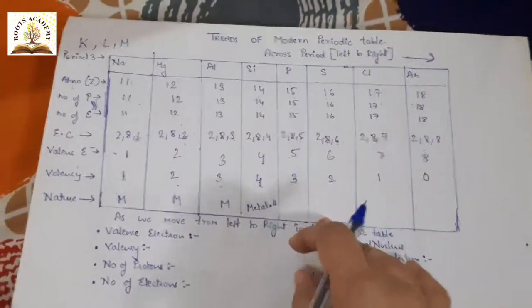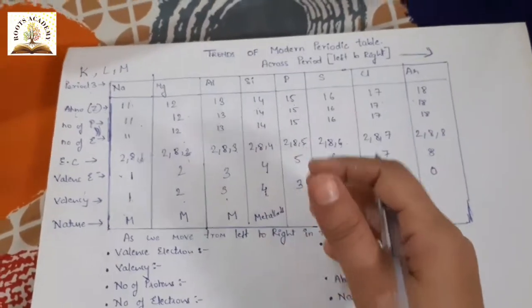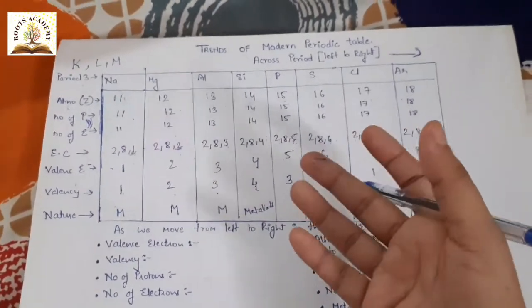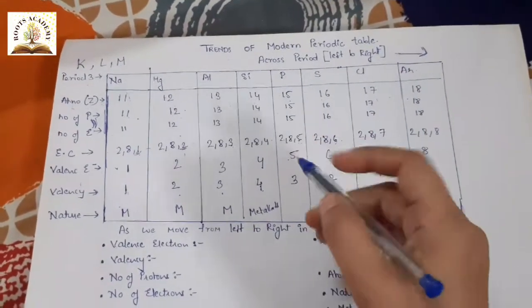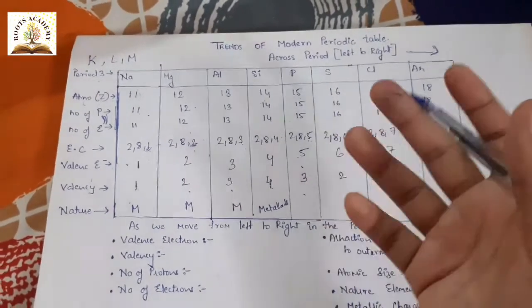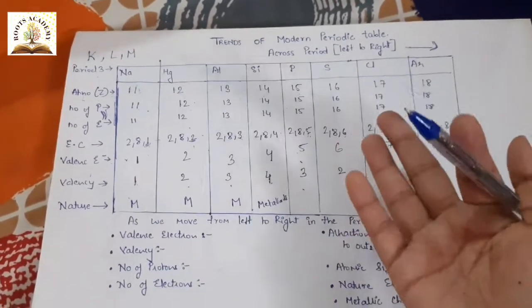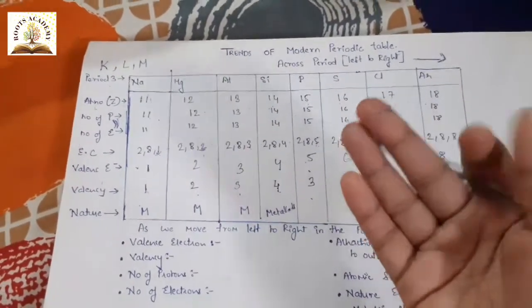Phosphorus valency is 3. So for phosphorus it is very convenient to accept electrons, because valence electron is 5. So 3 electrons are accepted by phosphorus, because to form 8 electrons in the outermost orbit, phosphorus requires just 3.